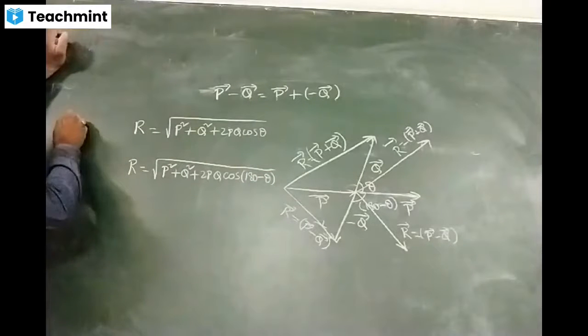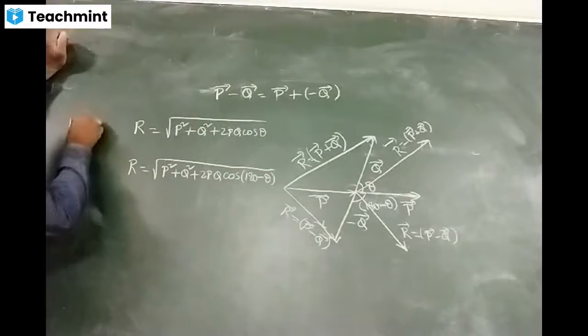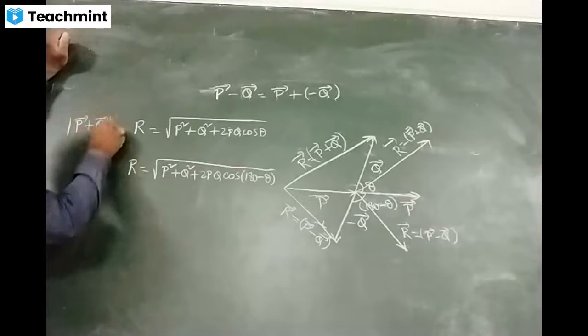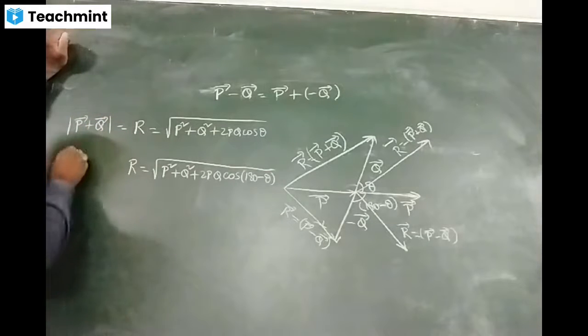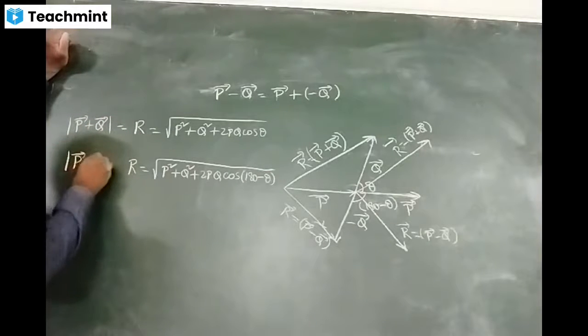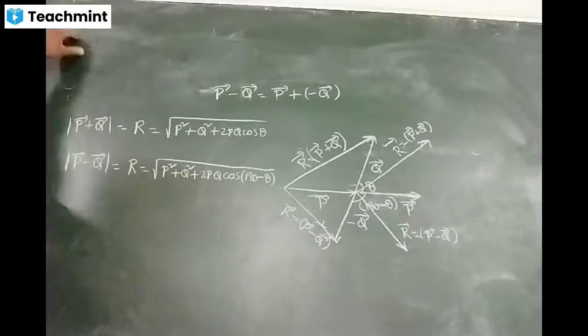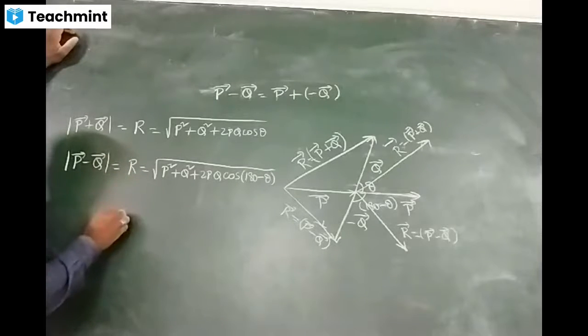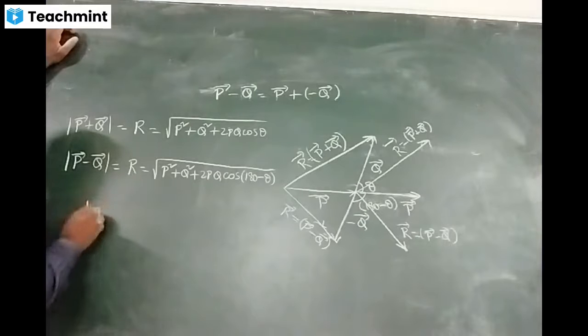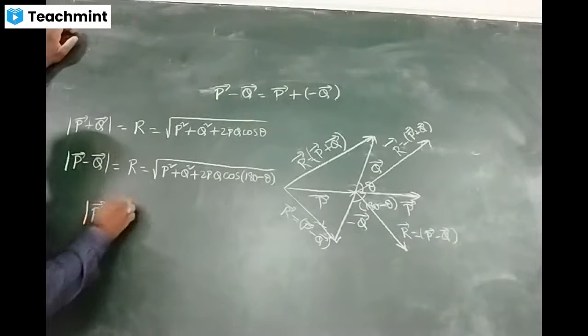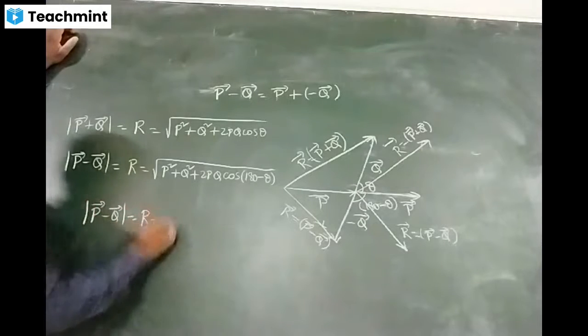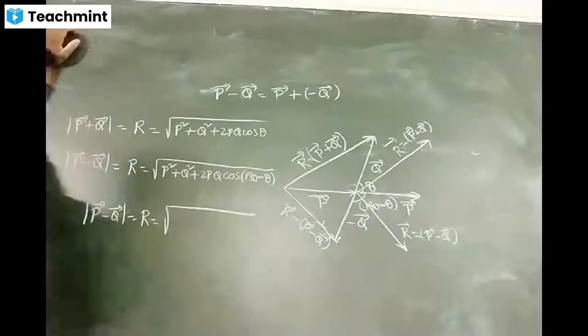This is nothing but the modulus of p bar minus q bar. Now, what is the value of cos of 180 minus theta?